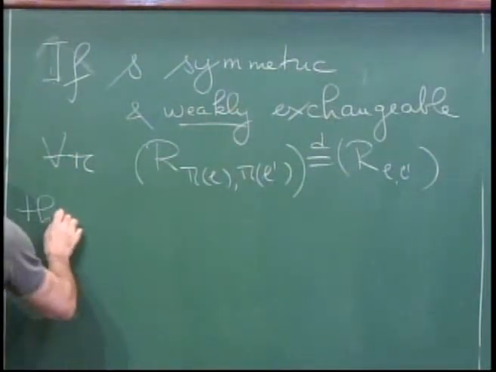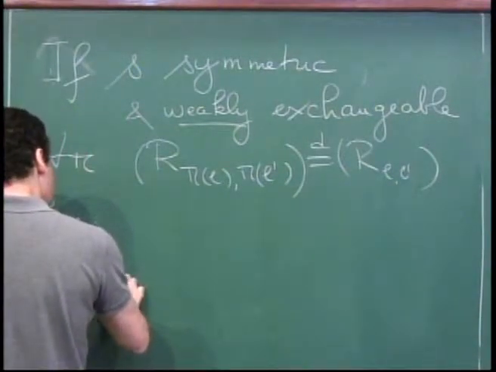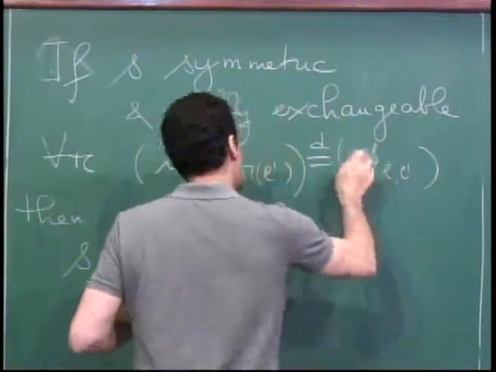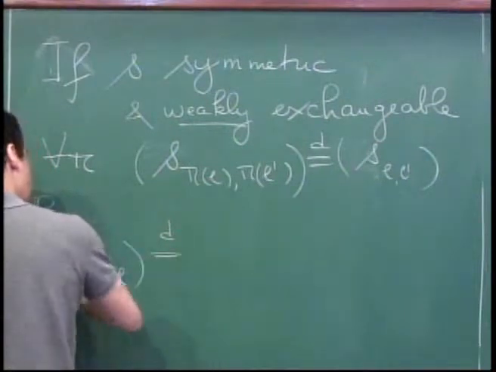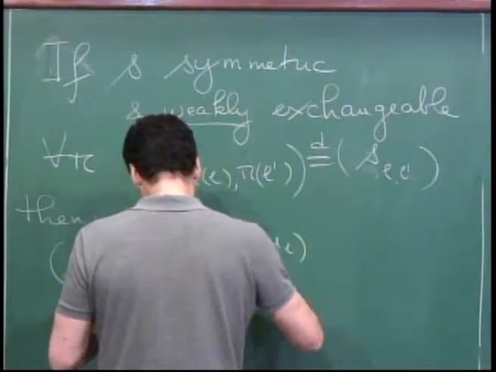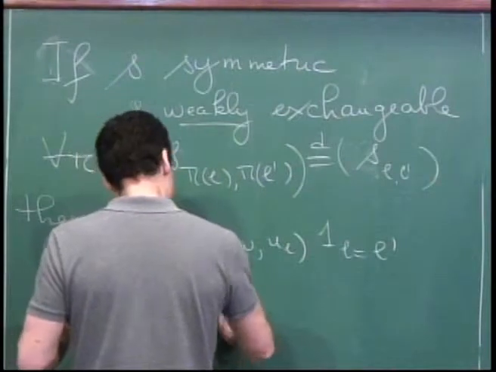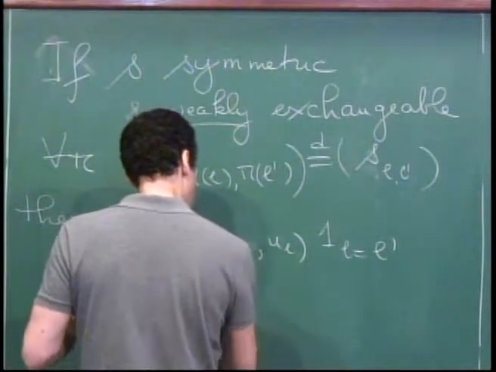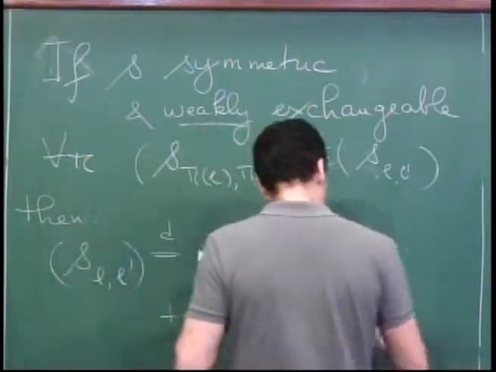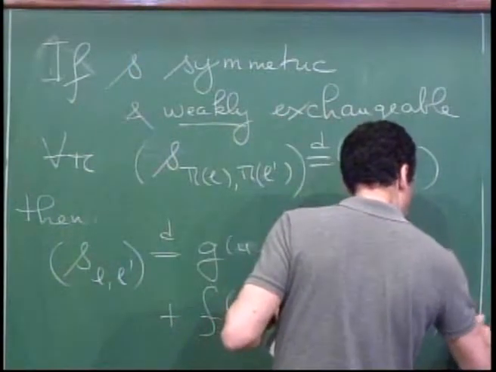Then, in distribution, we have S_LL', I call it R here, I'm sorry, I had to call it S. S_LL' in distribution, the array is the same as G of U_L when L is L prime, plus F of U, U_L, U_L', X_LL' when L is not equal to L prime.